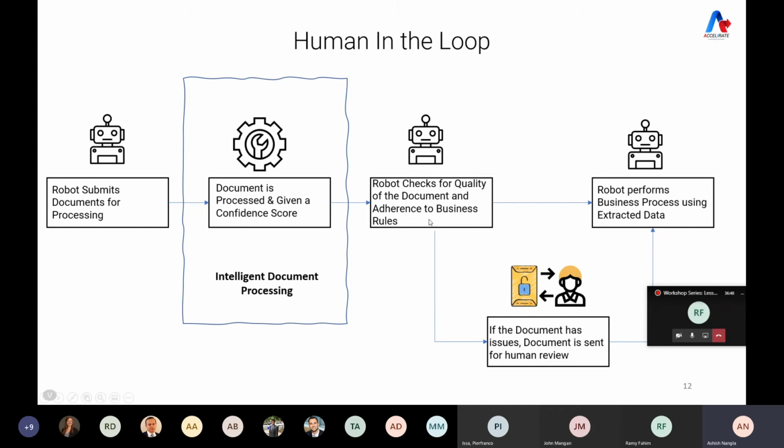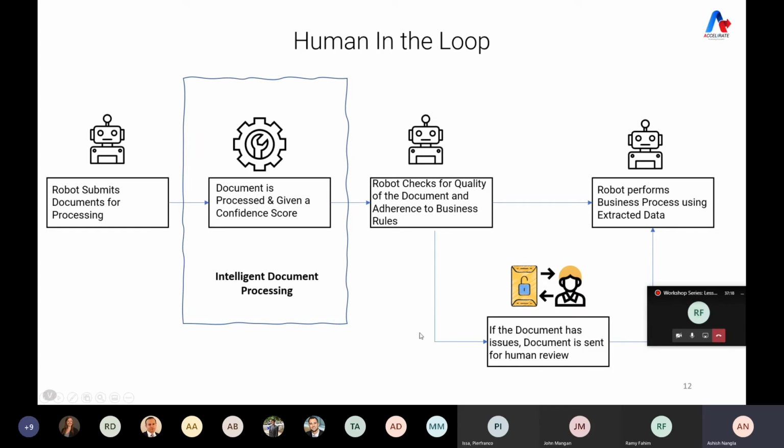Next thing we see is that we generally write a bot to take that document, or continue with the bot, where it'll take the document data, look for the quality, look for all the adherence to business processes and rules. For example, if you were processing a loan, you want to know all the origination documents are there as per all the requirements before it can be processed further, or queued for an underwriter to be taken up.